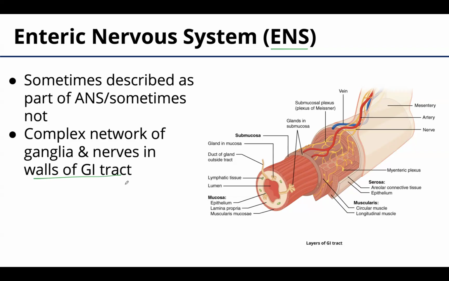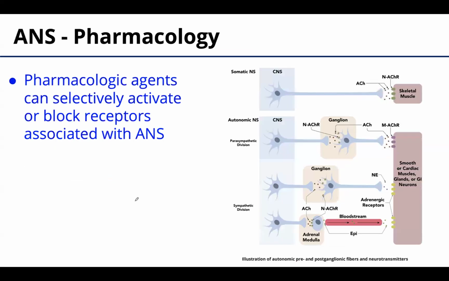People consider this system independently because of its relatively limited coverage of the abdominal viscera, but it's also considered individually because of its complexity and its ability to function autonomously without connection to the central nervous system. It's sometimes thought of as a second brain because of how complex it is and how much information it can integrate. So we will consider the enteric nervous system in more detail in block 4.